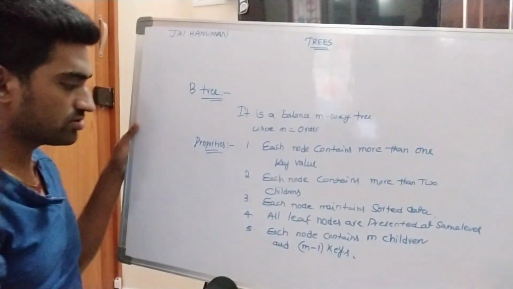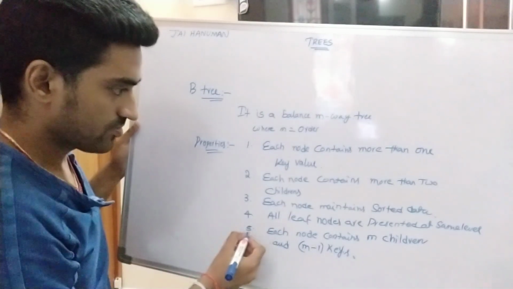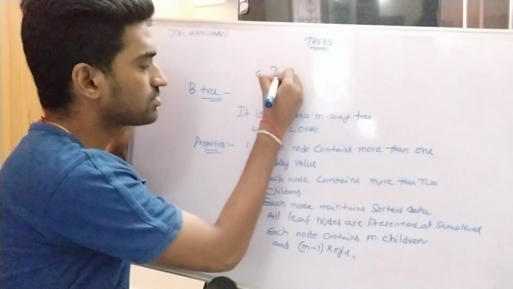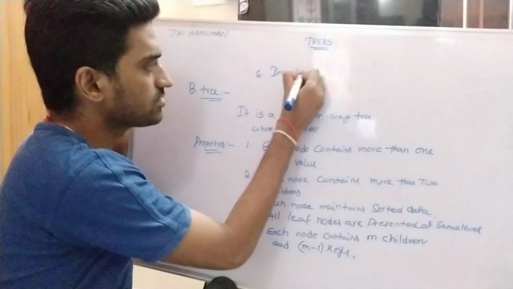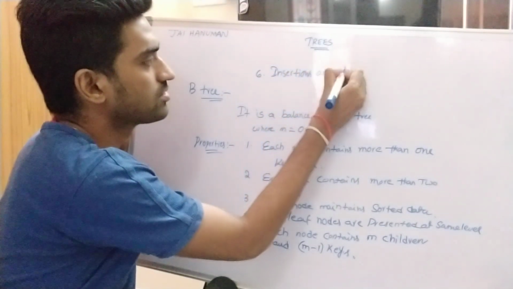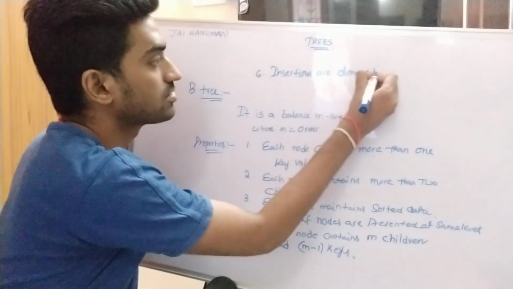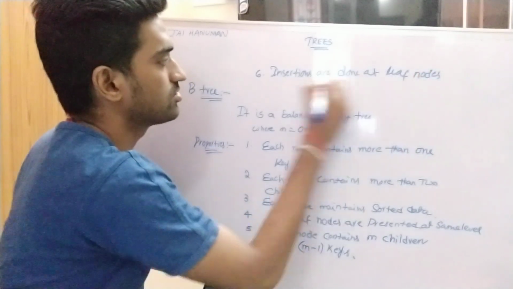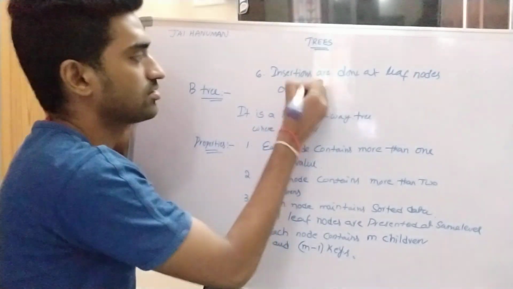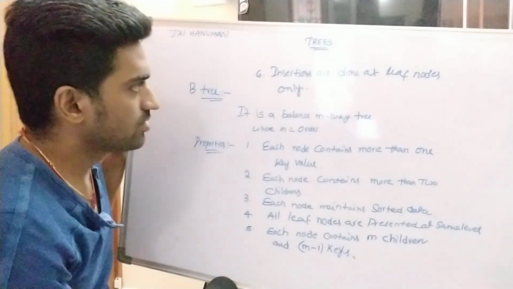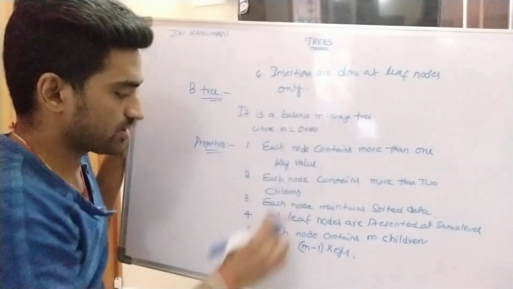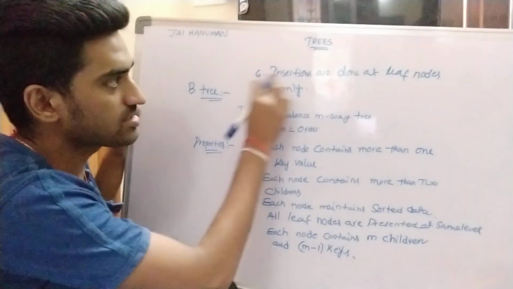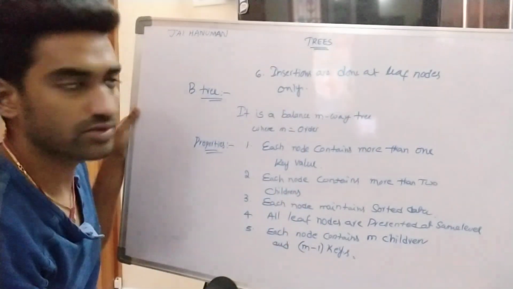Coming to the sixth property: insertions are done at leaf nodes only. So this is also one of the properties. Each node contains m children and m minus 1 keys, and insertions are done at leaf nodes only.